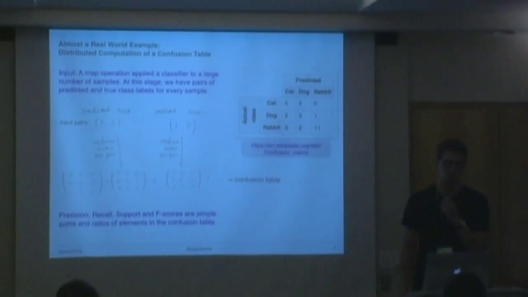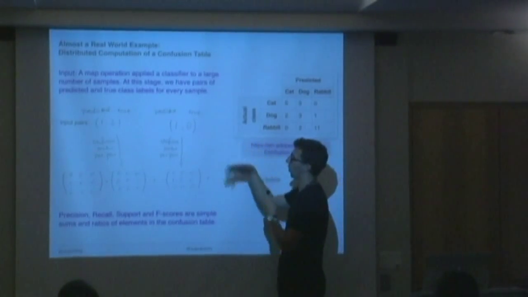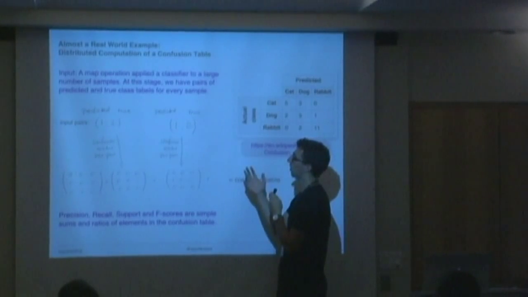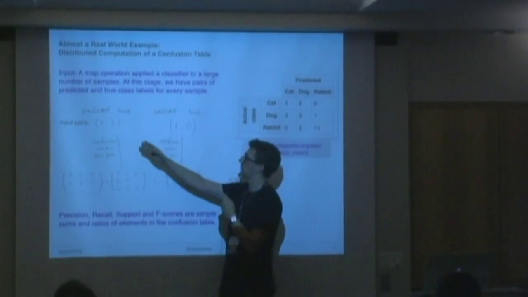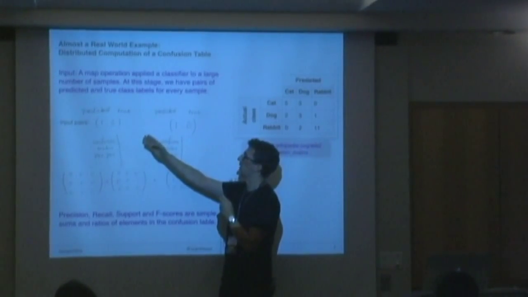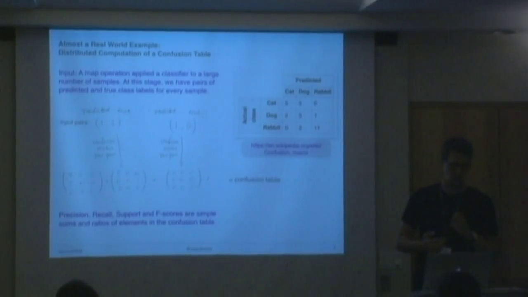What you can do in this setup is you get these pairs after you processed and applied your classifier distributedly on your cluster. This is usually the computationally expensive step. You did all these predictions for your entire data set, and then you have pairs of a predicted class label and a true class label. The class labels here are just numbers, 1 and 2. And you build a confusion matrix from that.